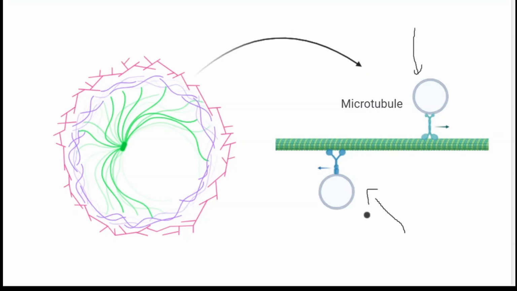So I guess you can compare it to a train, and the train moves over a track. And that's what motor proteins do. So this is a motor protein, and these use ATP hydrolysis to move over the microtubule, and it can hold a certain part of the cell, and this way a compartment of the cell can be transported over the microtubule to a certain location where it needs to be.